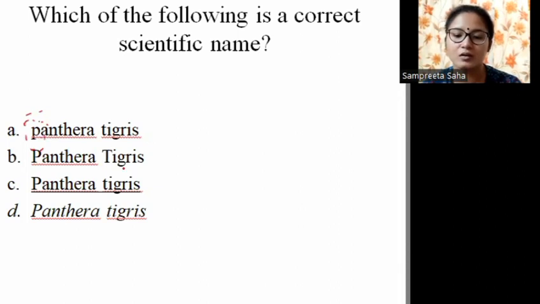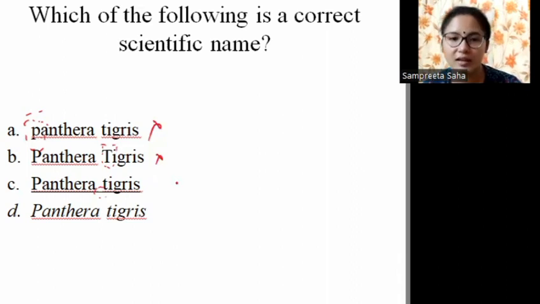But this is wrong. Next, we have Panthera Tigris. Here, the first letter of the specific epithet is in capital, so it is wrong. Next, Panthera tigris. This is correct, but it has been underlined in continuation. And when you are typing the name in print, it should never be underlined.